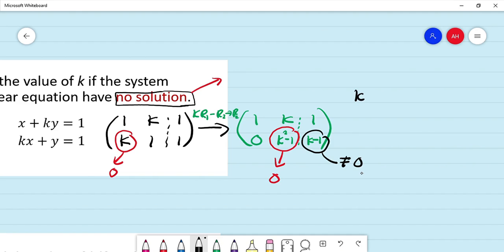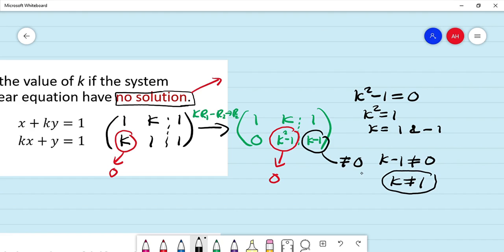So k squared minus 1 must equal 0. Therefore, k squared equals 1. Taking the square root of both sides, we have k equals 1 and also negative 1. Now, for this part, we have k minus 1 not equal to 0, so k must not equal 1.